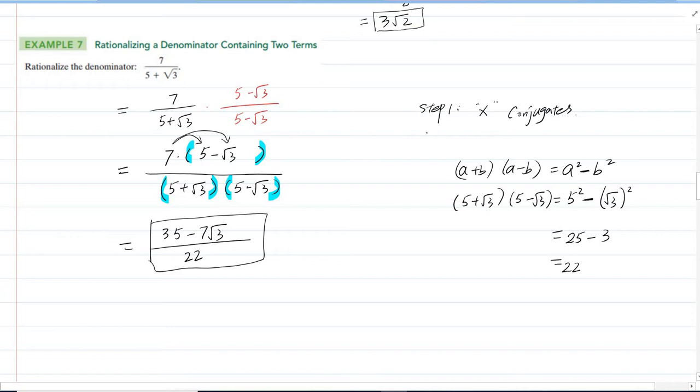Step 2 is just to simplify. You also want to use this formula right here to figure out the denominator. Again, you can use the full method, it just takes a long time, so it's much better to use this method right here.